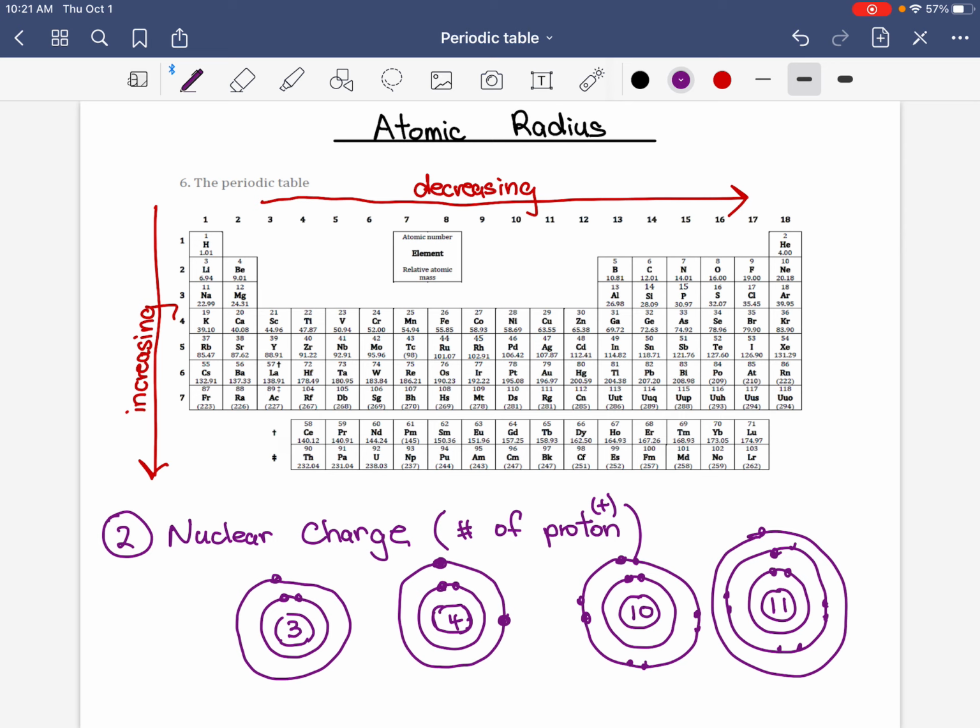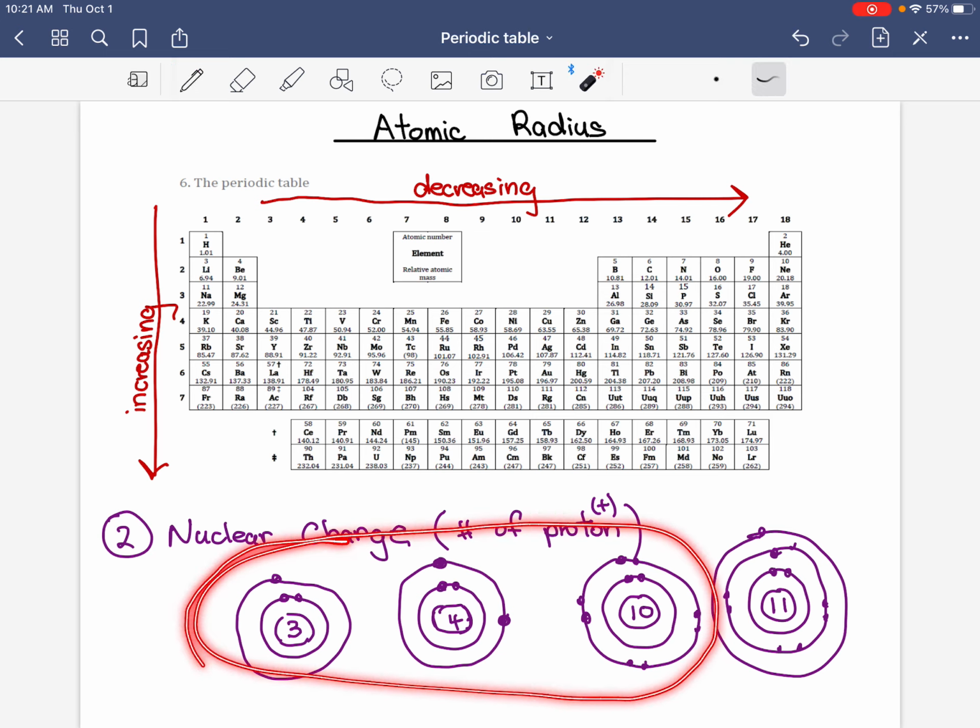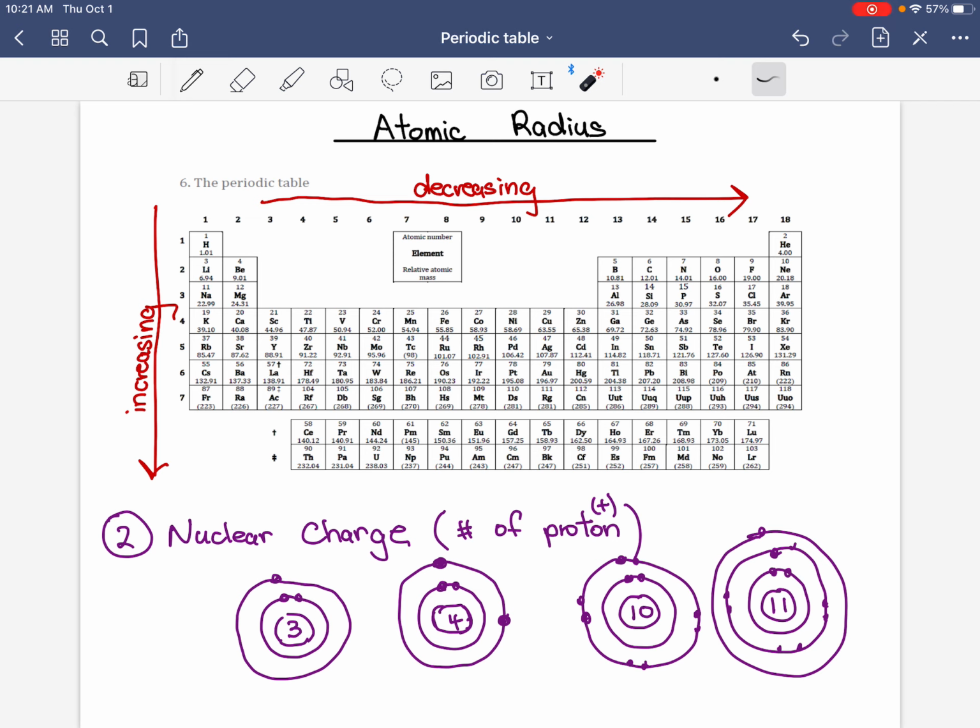But if the energy level stays the same, like these three, all three of these have 2 energy levels, well, then energy level doesn't play a role here, but the nuclear charge does. Because when nuclear charge increases, it's going to get smaller and smaller. Even though, in terms of my drawing, this is actually bigger than that.